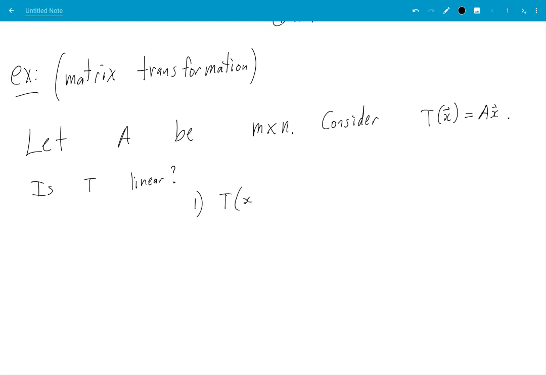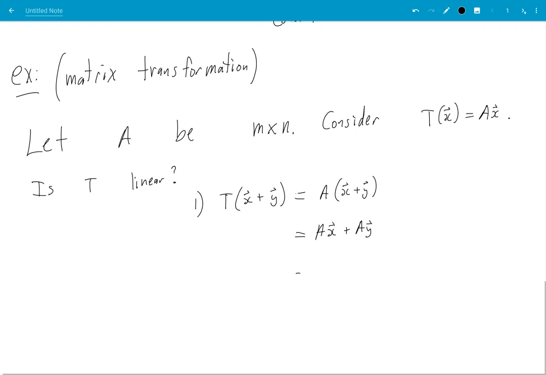T of x plus y is equal to A times x plus y. Okay, how do I know that's true? Well, that is just the definition up here, right? And we know from 1.4 that a matrix times a vector, that product, does distribute across a sum of vectors.